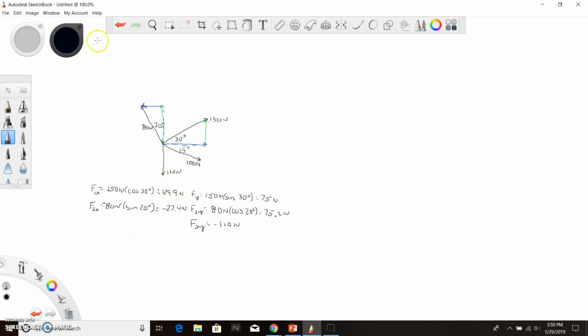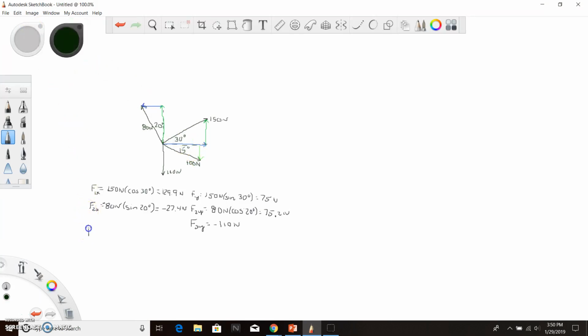Okay, last one is our fourth force right here. We've got a positive x direction, and we're going to go back to that y. This time the y is going to be negative because I have to come down to the tip of my F4 vector there.